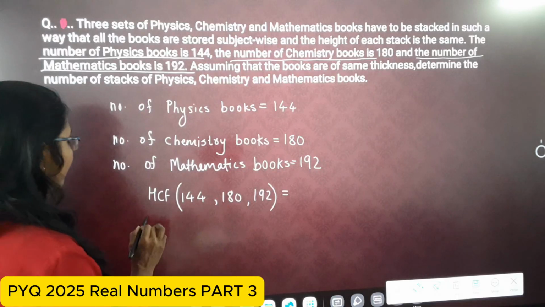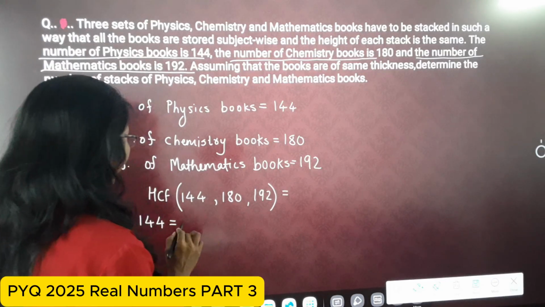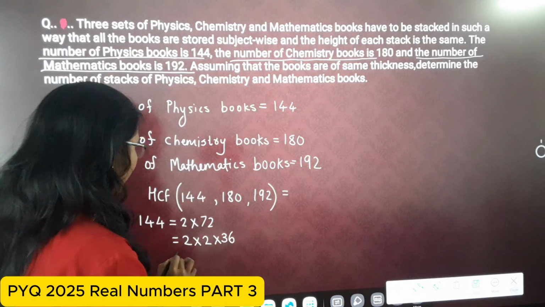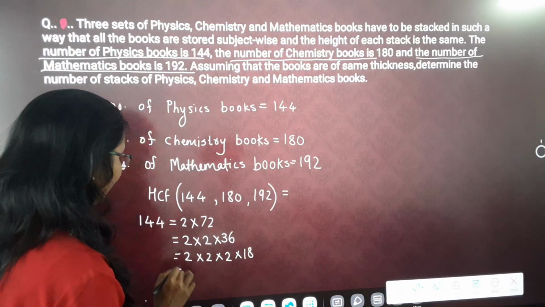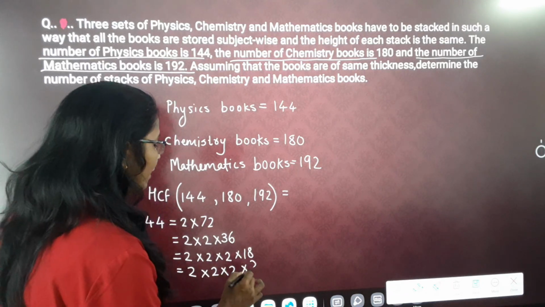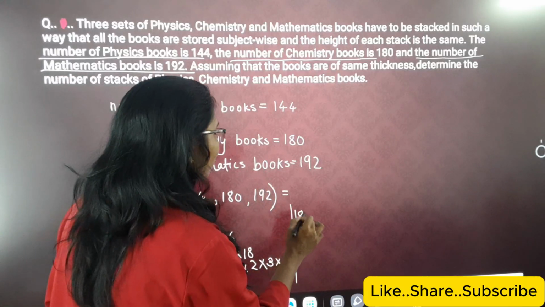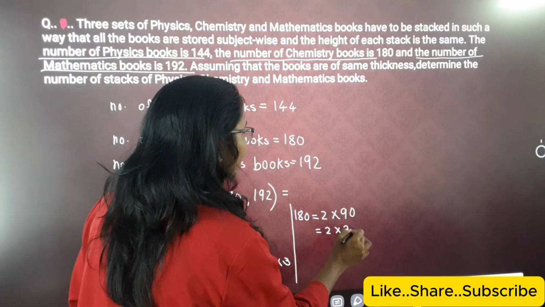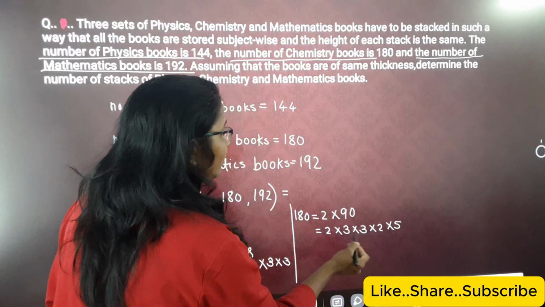So now here is the factorization of 144, students. 144 is 2 multiply 72, which is 2 multiply 2 multiply 36, which is 2 multiply 2 multiply 2 multiply 18. Then 18 is 2 nines, that means 2 multiply 3 multiply 3. Now the next number, 180. So 2 multiply 90, so 2 multiply 3 multiply 3 multiply 2 multiply 5, since 5 tens are 50 and 10 nines are 90.